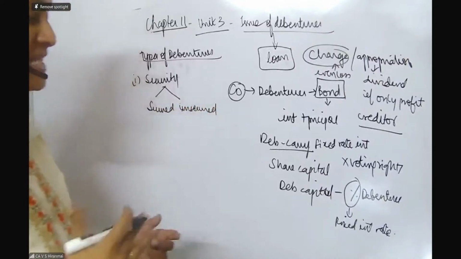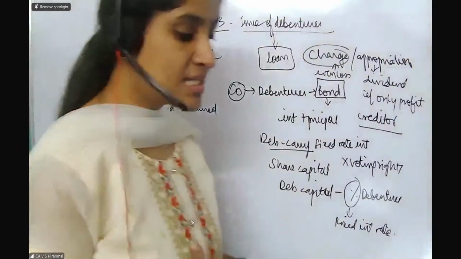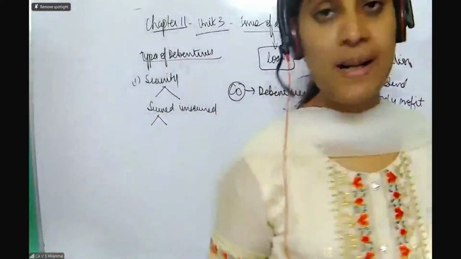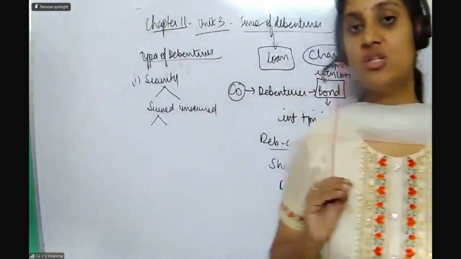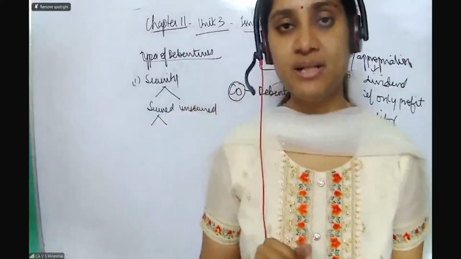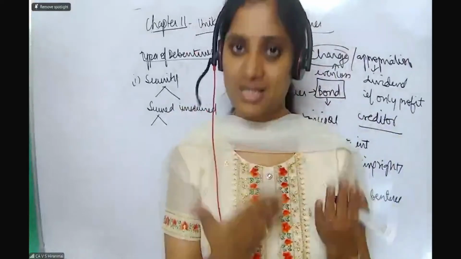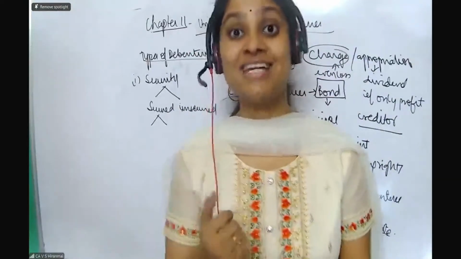Now, secured debentures: the simple understanding is that when a company is giving debentures, the debenture holders can have a doubt. Will this company really repay me? The same doubt the bank will also have. When you go to the bank asking for a loan, it will ask for security.